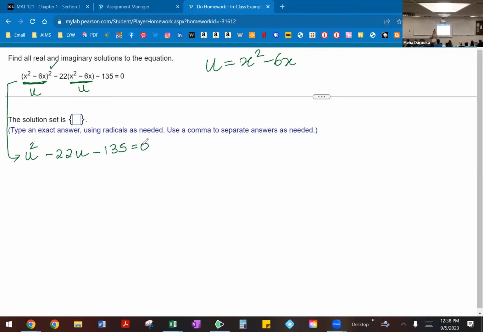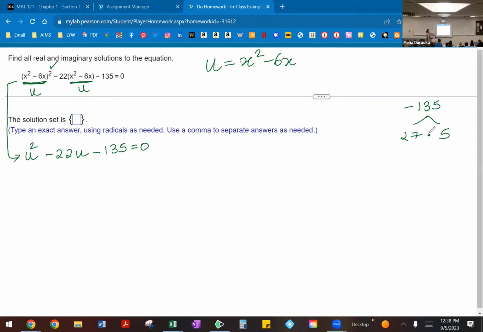I mean, it's ending in a 5. So what numbers can we try? As long as it gives us a negative 22 when we add this. 27, 5. Will that add up to give us negative 22? So 27 times 5 will give us 135.